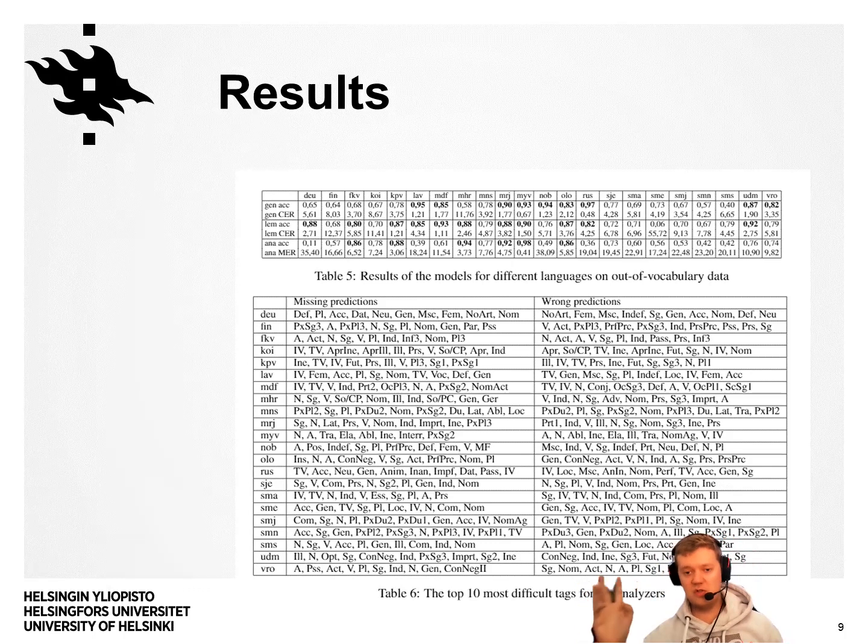And the wrong prediction shows the tags that the model was predicting, but those were not the correct tags for the word. So the first problem we can see immediately here is that for some languages, not all, but for some, the morphological analyzers also have these IV and TV tags. These are intransitive and transitive verb tags.